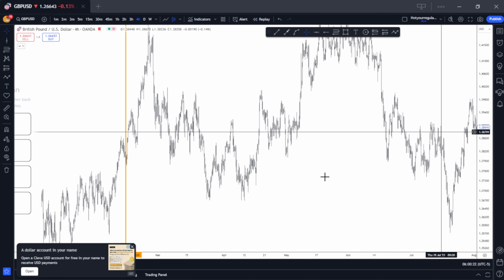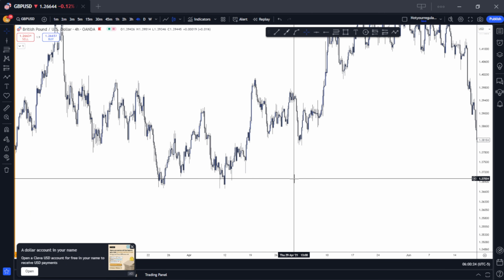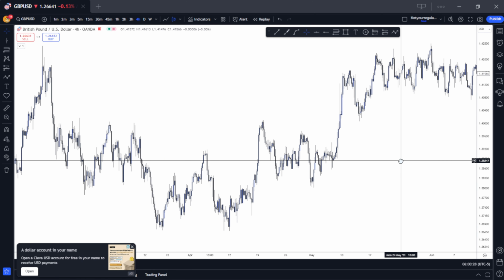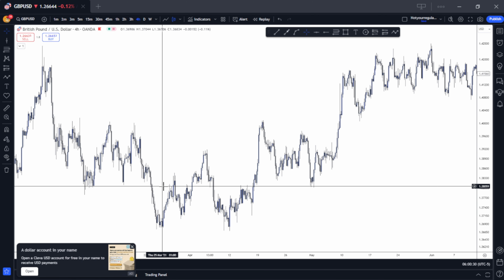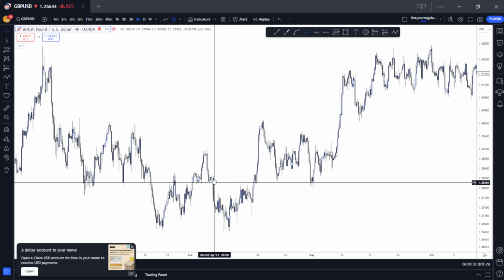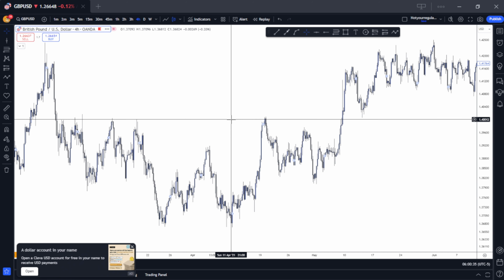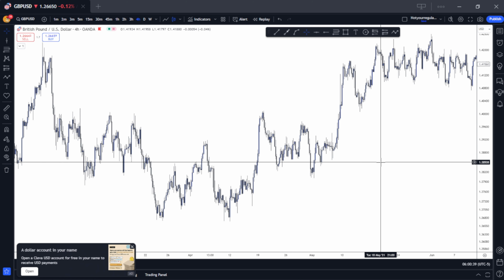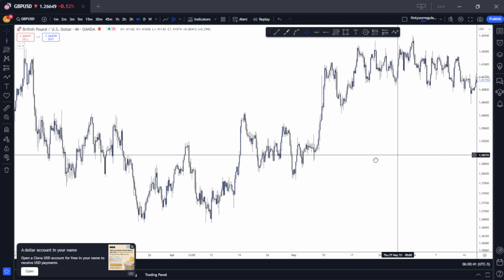The reason why most traders get lost identifying market structure is because they fail to know what phase they currently are in the market, be it a pullback or a continuation phase.